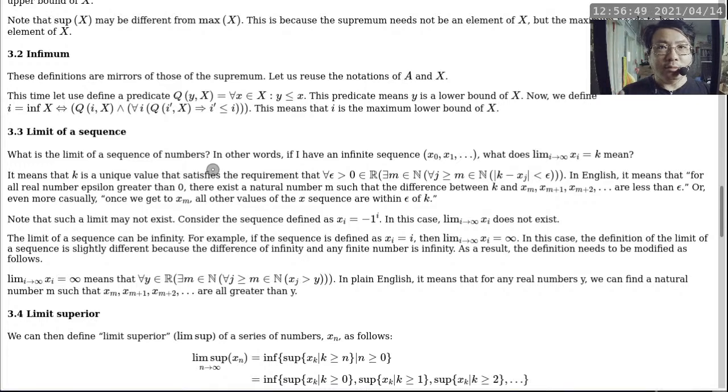In general, we are looking at an infinitely large sequence of numbers, and these numbers are typically real numbers, so they may not be integers or natural numbers, because we are talking about how much time it takes for something to be done.